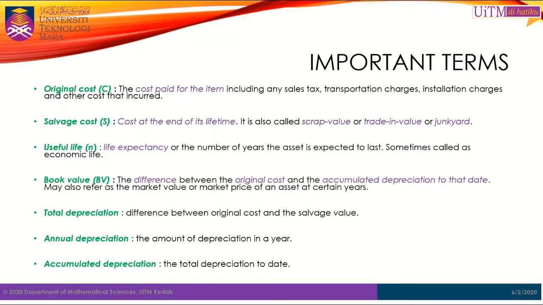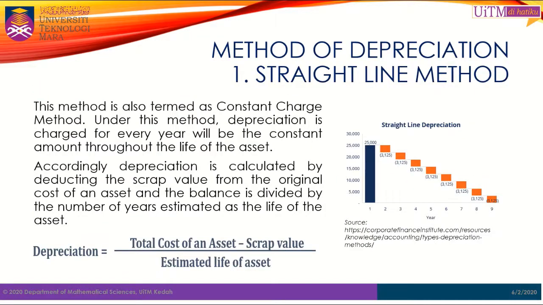So let's go through the first method of depreciation. We call this the straight line method. Under the straight line method, the total depreciation is spread equally over the useful life.